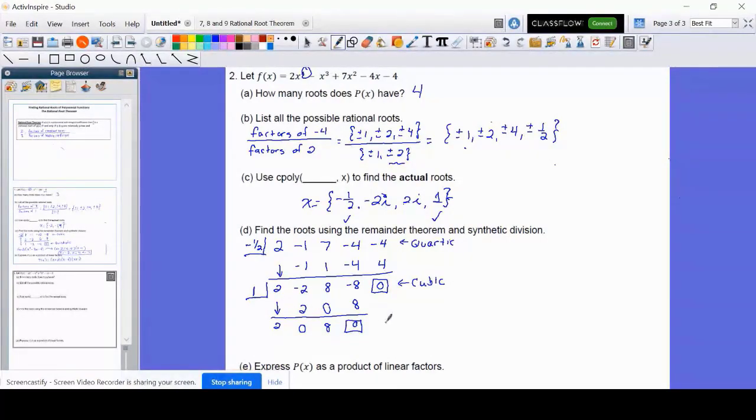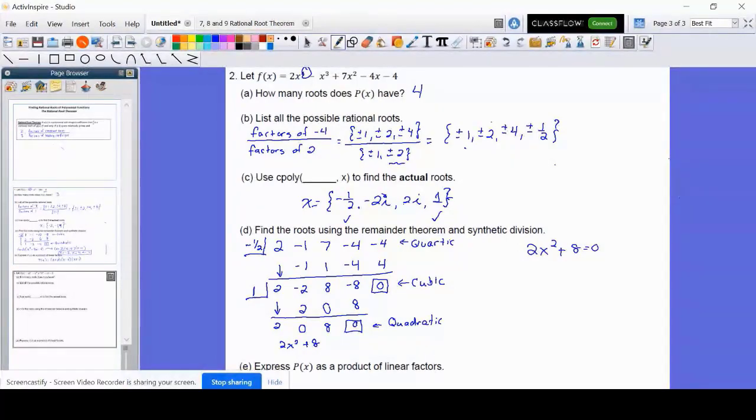Remember, if we don't get a remainder of 0, it means we did something wrong. Either we have the wrong root or our arithmetic is wrong in our synthetic division. So if we had a cubic and we did synthetic division, we now have a quadratic. Quadratics we know how to handle. This is 2x squared plus no x's plus 8. So I'm going to set 2x squared plus 8 equal to 0.